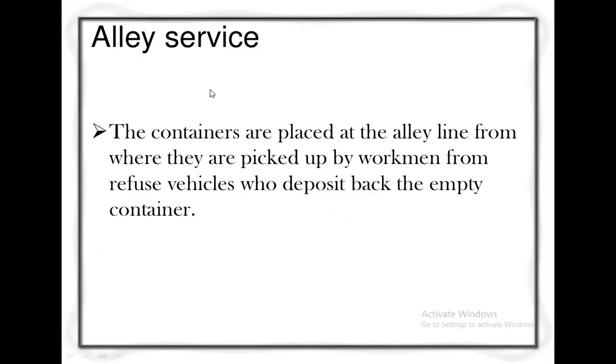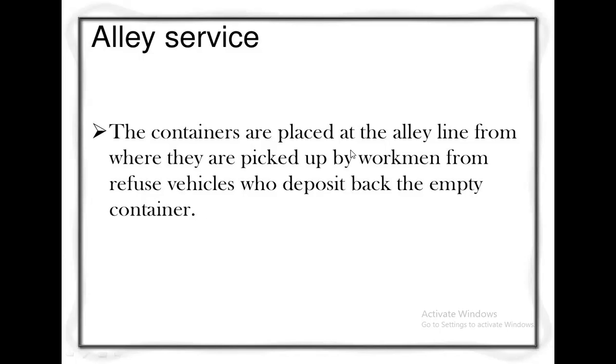Third is alley service. The containers are placed at the alley line, from where they are picked up by workmen from refuse vehicles to deposit back the empty container. So the alley line is the line where we place the containers.